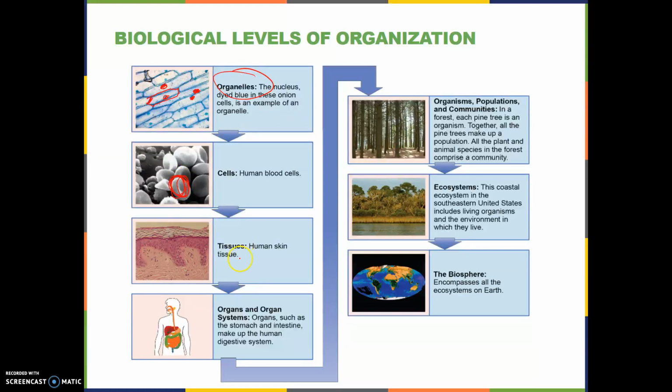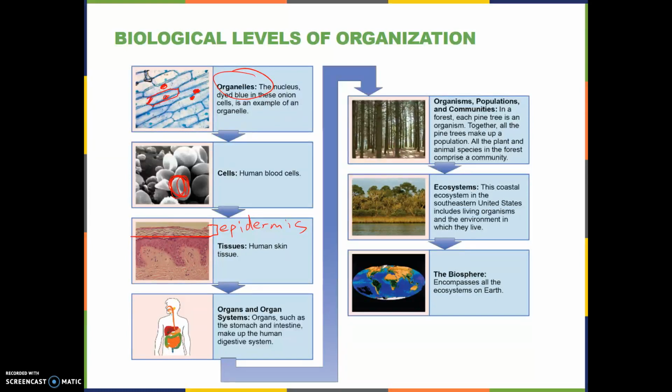Cells combine to form tissues. This is an example of a microscopic image of skin tissue. This top layer is a cross section through the skin. So this top layer is called the epidermis, and below that is the dermis and the hypodermis. And then tissues can combine to form organs and organ systems.